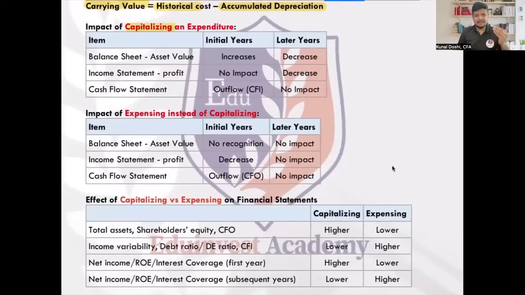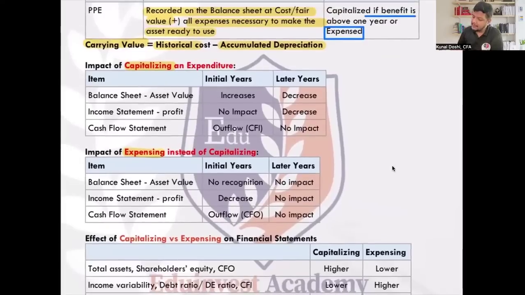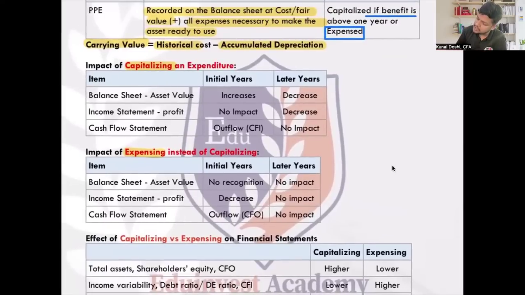Now, like inventory, what is the difference of capitalizing and expensing with respect to PPE? So for a cost related to the PPE, either you capitalize or you expense. Now, this decision is with the management. But based on this decision, there will be an impact on your financial statements. See, whenever I say capitalizing, where do I put this cost?